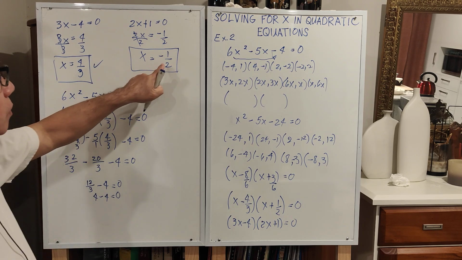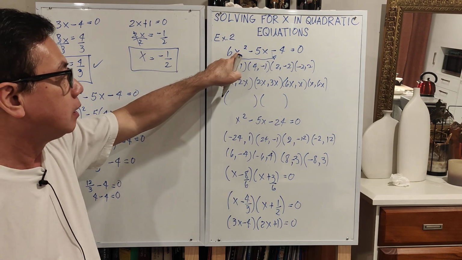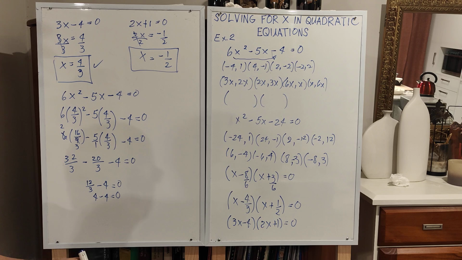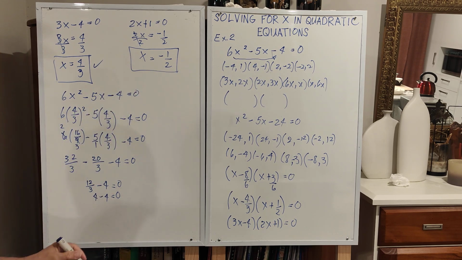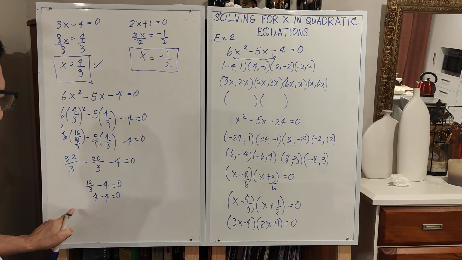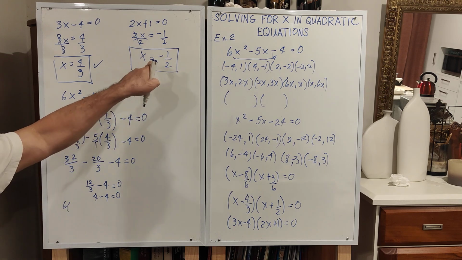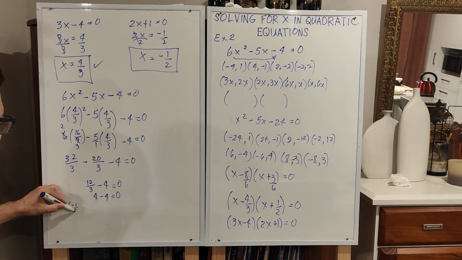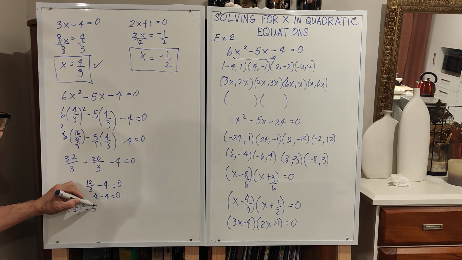We now use negative 1/2 to place into our x and see if our answer is correct. So I probably can squeeze in here 6. So instead of x squared, we put negative 1/2 squared minus 5x.